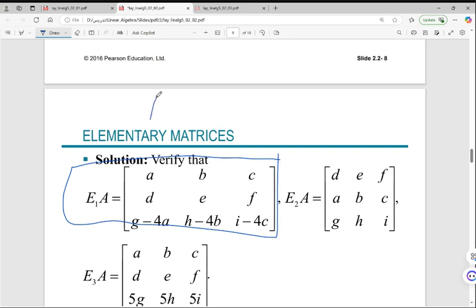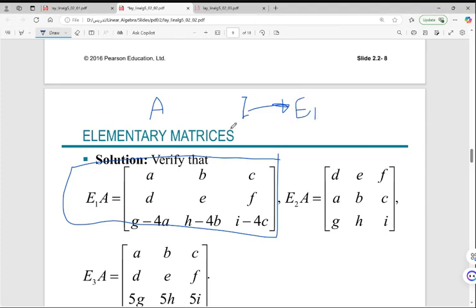So you have matrix A. You want to replace row 3 with the sum of row 3 and minus 4 times row 1. Instead of doing so, you can apply the same operation on I and build E1.